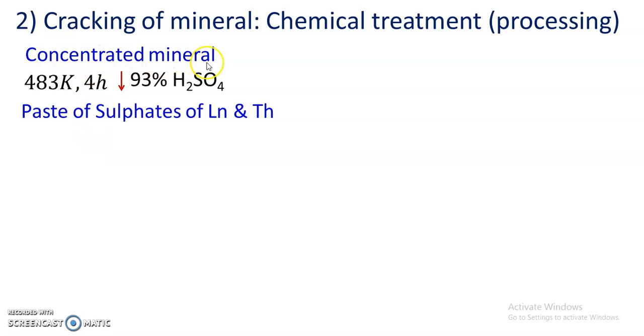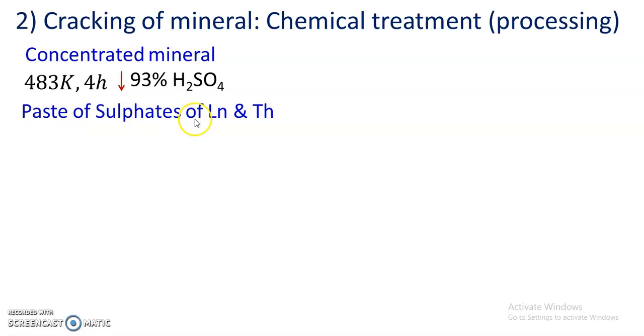When this mineral containing lanthanide ions and thorium is treated with 93% sulfuric acid, the lanthanide ions are converted into sulfates of lanthanides, and thorium is converted into thorium sulfate, and therefore there is a formation of a paste of sulfates of lanthanides and thorium.